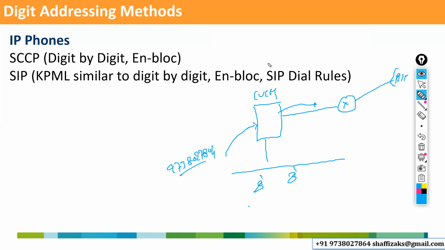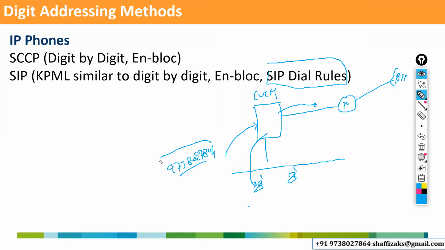But we have one concept of SIP dial rules. Whatever numbers we are creating to go outside, the same numbers can be created under the SIP dial rules also. Okay, if it is a SIP phone, once you register this IP phone under the call manager, if there is any SIP dial rule you have created, those dial rules are going to be loaded locally on the IP phone.